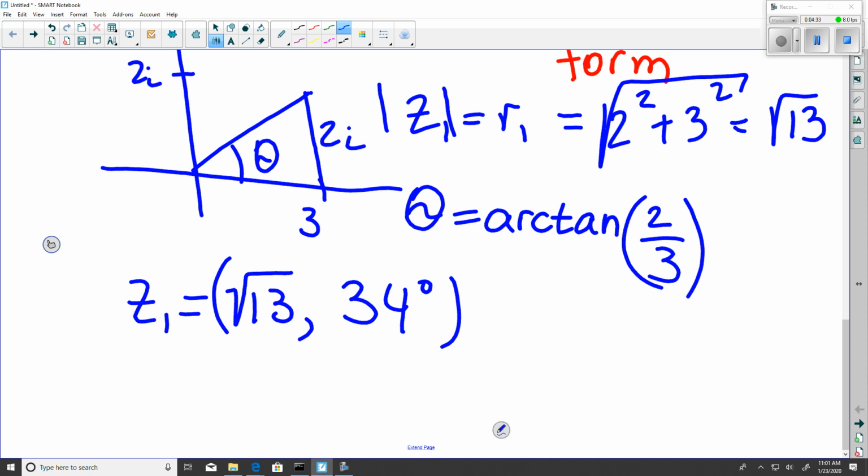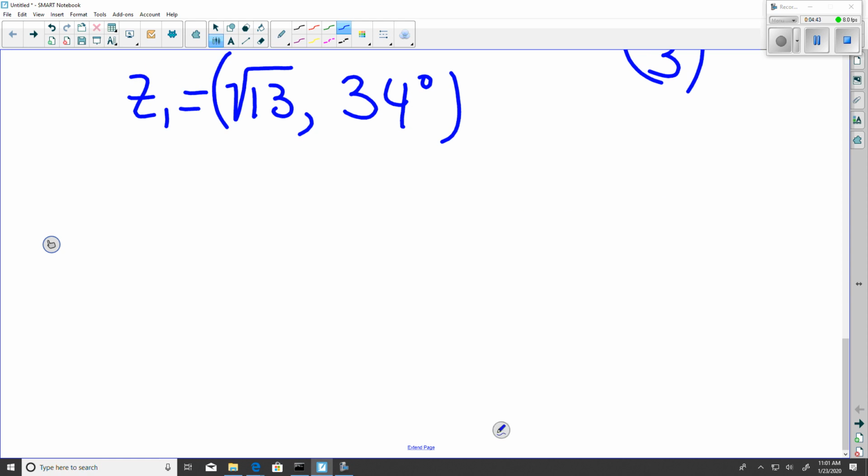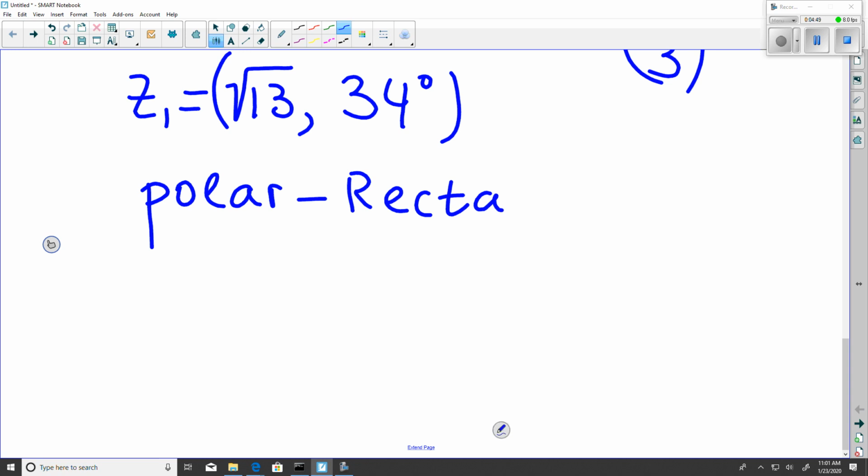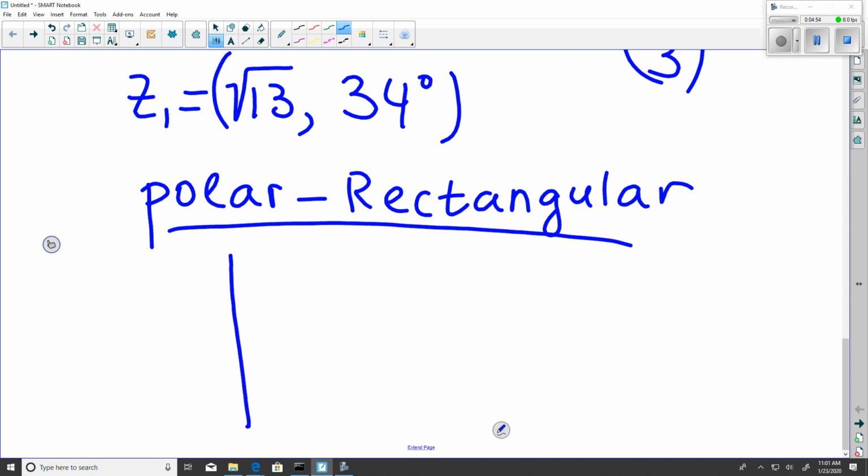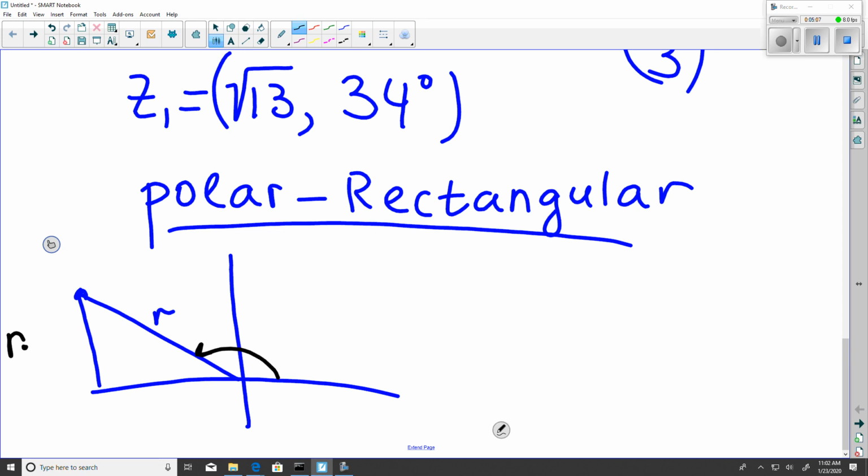Now, how to go from polar to rectangular, which is even simpler. Imagine you have some number in polar form, which has magnitude of r, or modulus of r, and the vertical change is always r times what? If this is angle theta, to find the vertical change, I will multiply by what?